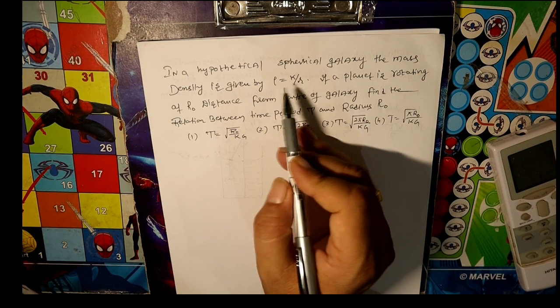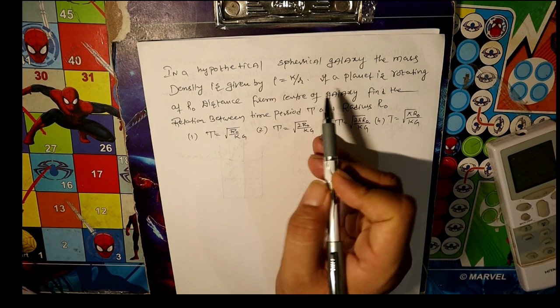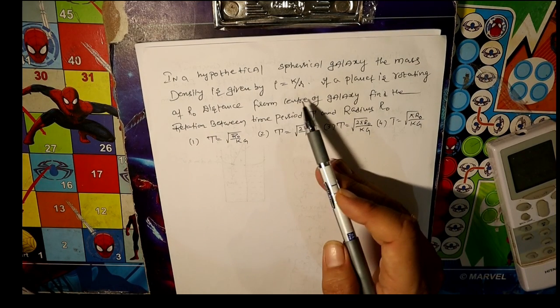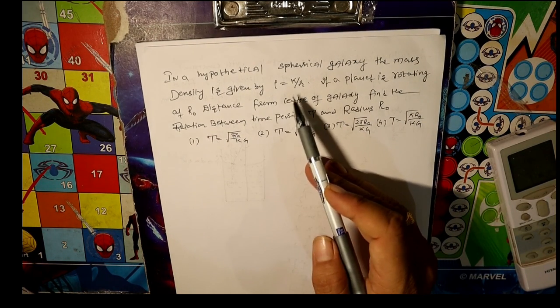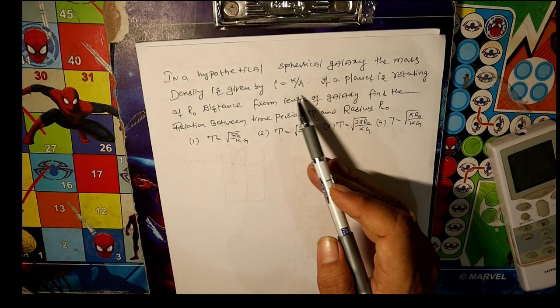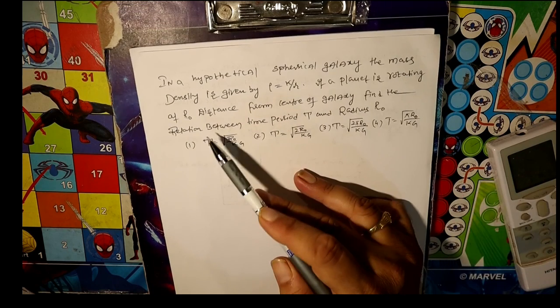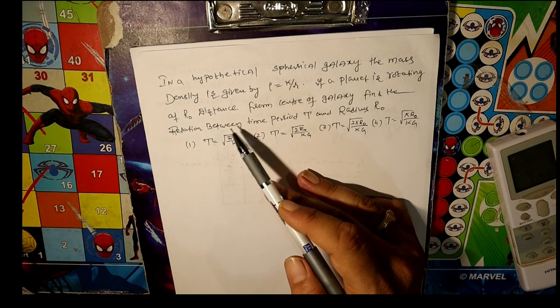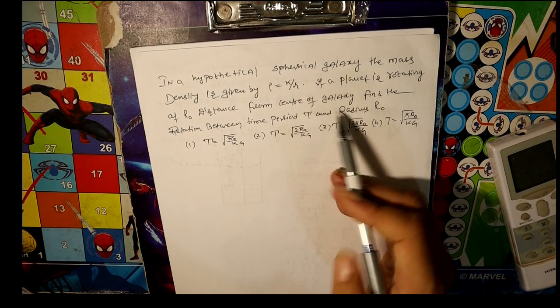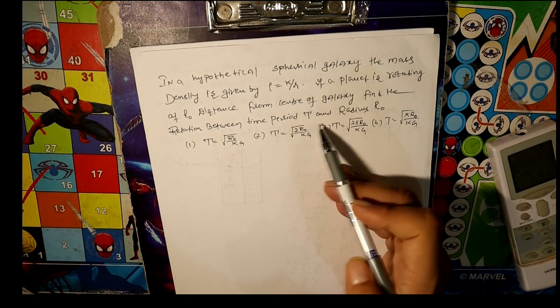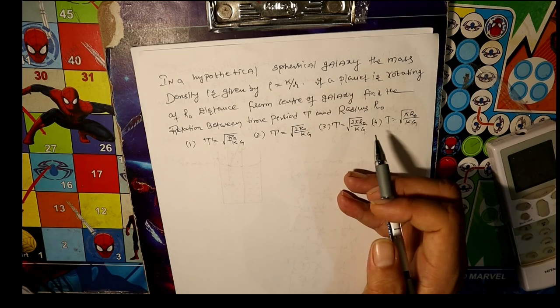In a hypothetical spherical galaxy, the mass density is given by rho is equal to k by r. If a planet is rotating at distance r0 from the center of the galaxy, find the relation between time period T and radius r0.